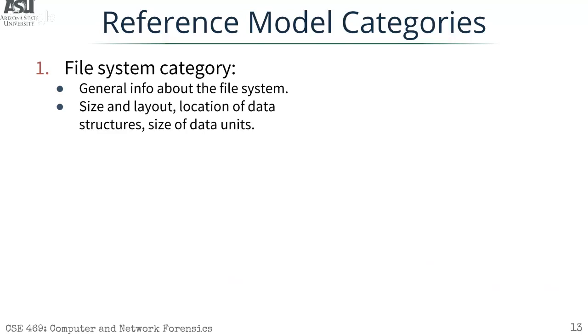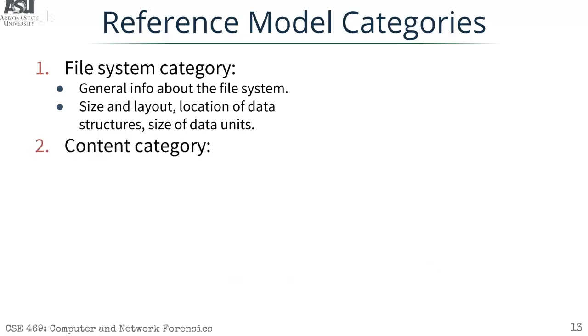This is where you start. If you're analyzing a file system, if you're an operating system reading in a file system, this is where you have to start, because all you know is that you have a bunch of blocks of data. You don't know how they're organized. You don't know where data structures start and end. You don't know any of that until you understand this information about the file system.